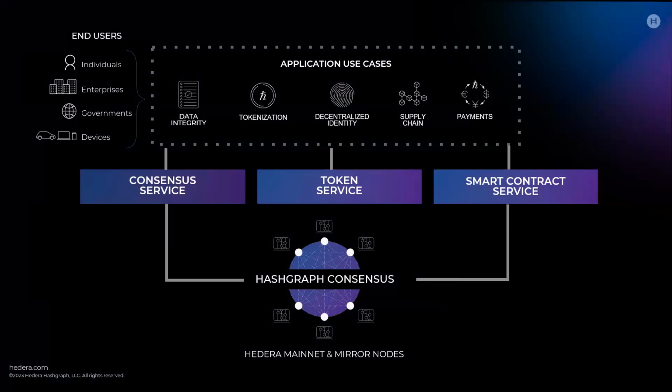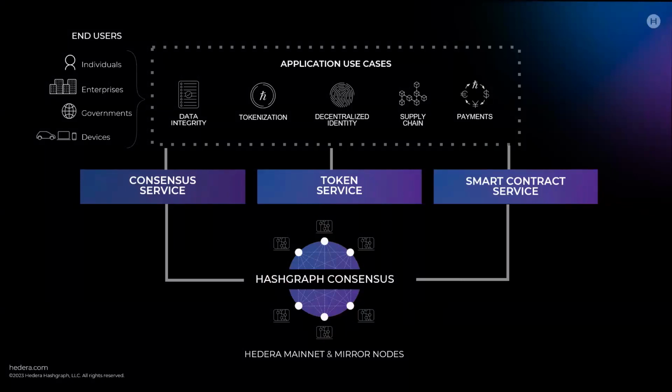Now, for those of you that want to learn more about where the engineering innovation happens and how we deliver this to the market, we can look at this schematic here. Here's where a lot of the innovation and new inventions happened to make this network scalable, performant, green, secure, and everything.